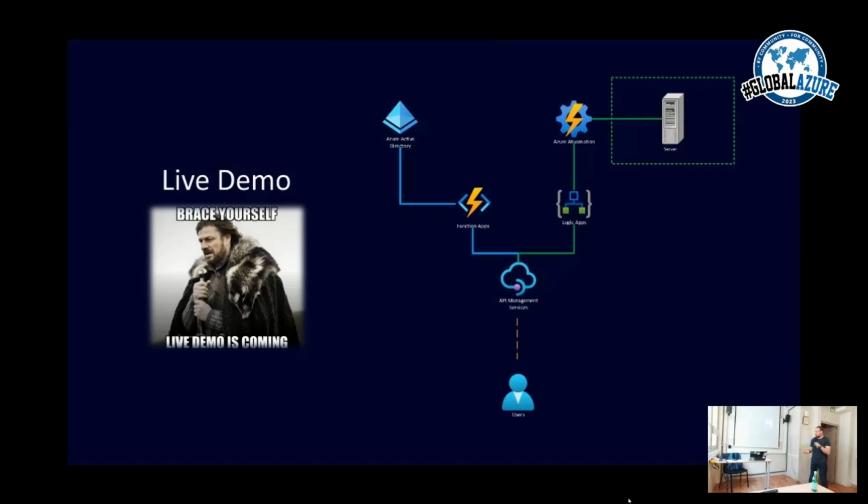Before we check the demo, I'll explain this one. We have API Management as a front service for the request and response. This API Management is connected to Logic Apps and Function Apps. Here I have a server which is located in my on-premise environment. This server is not connected to any cloud services, completely on-premise.